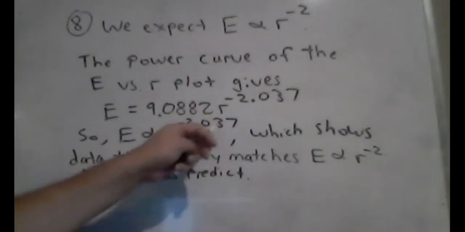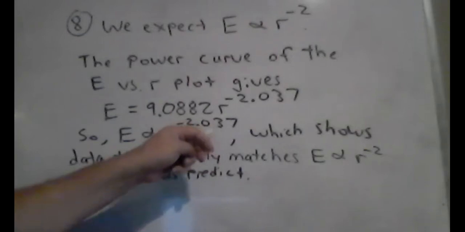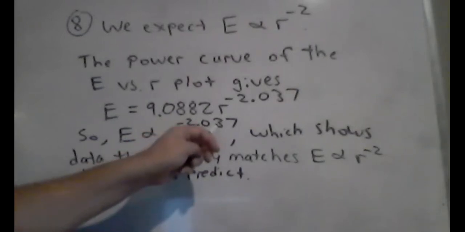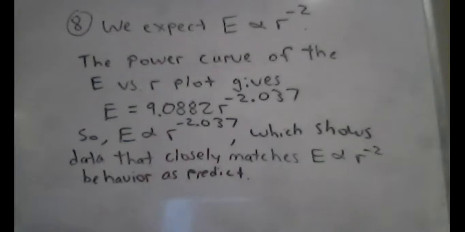This is agreement within, you know, in an exponent, you're starting to disagree a little bit in the second decimal place. But this is a touchy experiment where if you do the experiment a couple times, you're going to get different answers, right? So this to me shows, yea, verily, that you are supporting Coulomb's assertion, Coulomb's law.